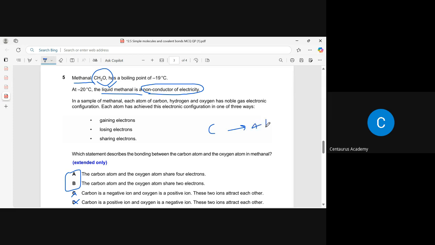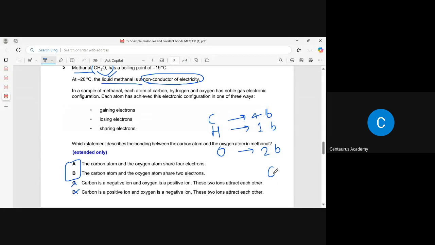Four bonds will be created by one carbon atom, since it is present in group 4. Hydrogen will only form one bond. Oxygen is only going to form 2 bonds because it needs 2 more electrons. Now if I look at it as a displayed structure, carbon is this. 2 bonds are created with hydrogen, 1 and 2.